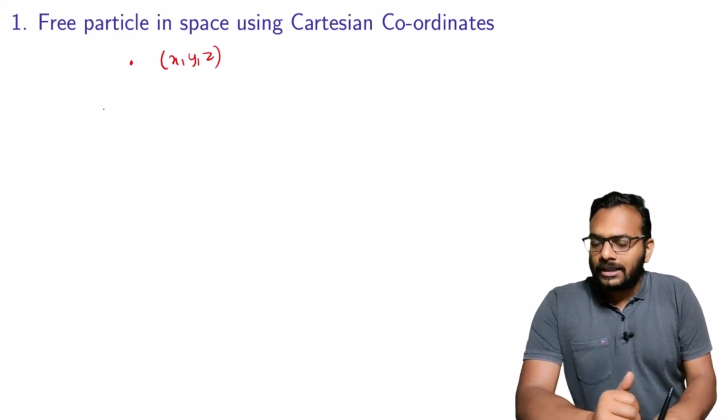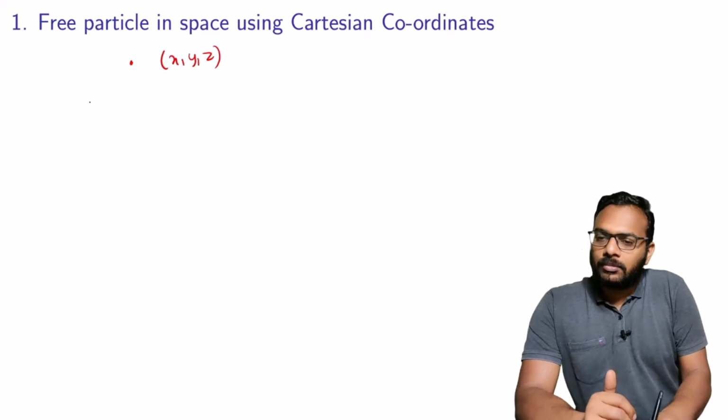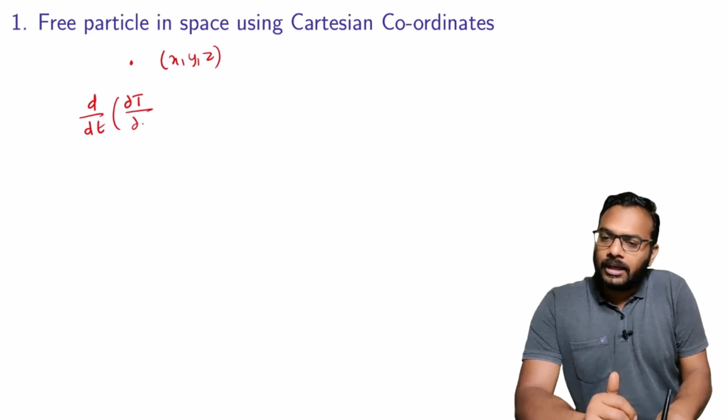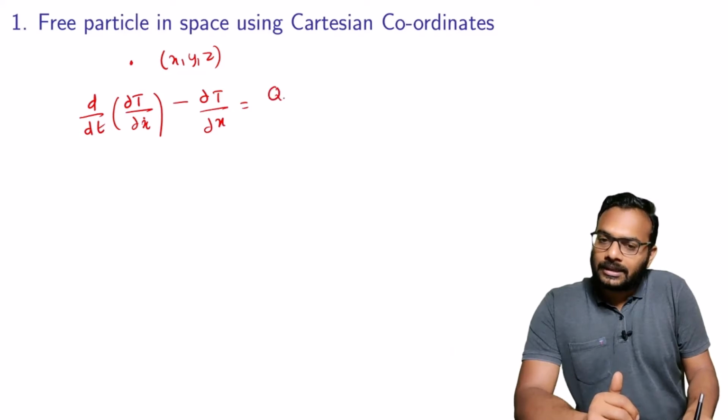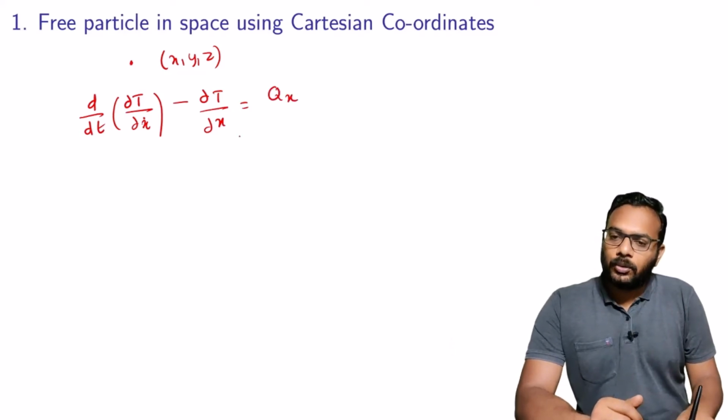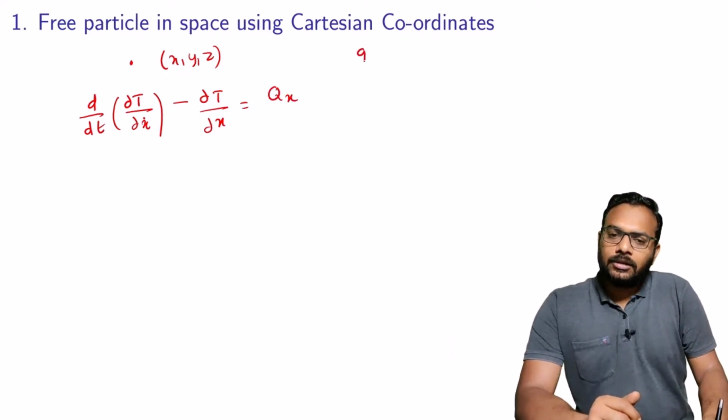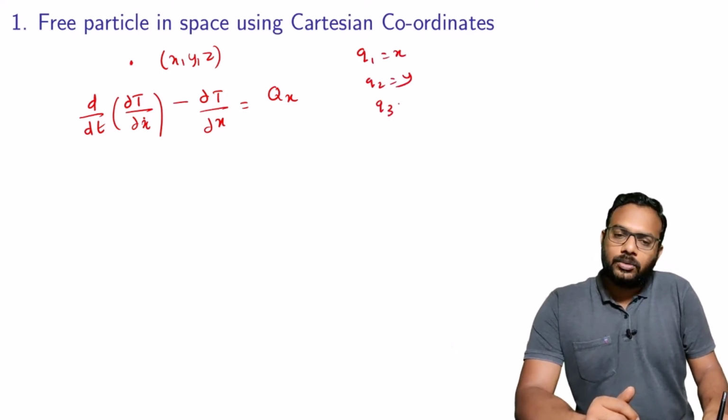We can write the Lagrange's equation in this form: d by dt of ∂T by ∂x dot, where T is the kinetic energy, minus ∂T by ∂x, is equal to the generalized force component Qx. Here q1 is equal to x, q2 is equal to y, and q3 is equal to z.